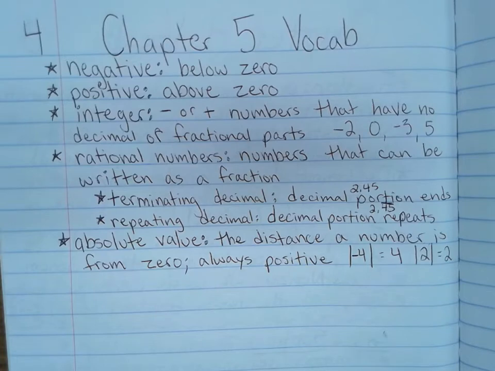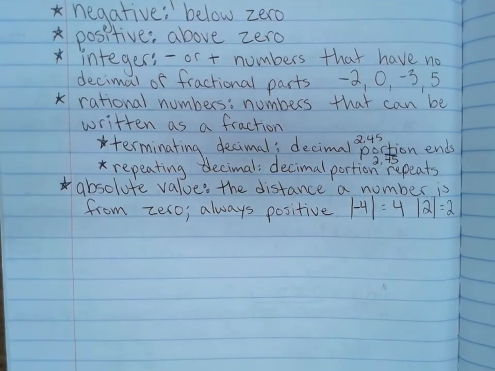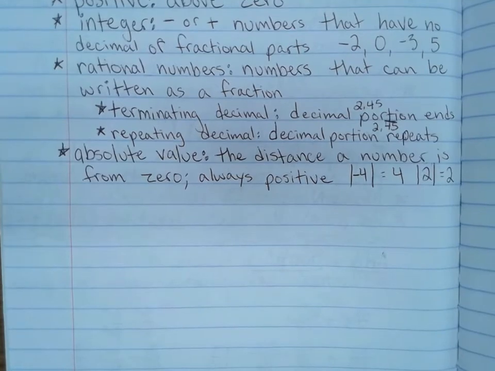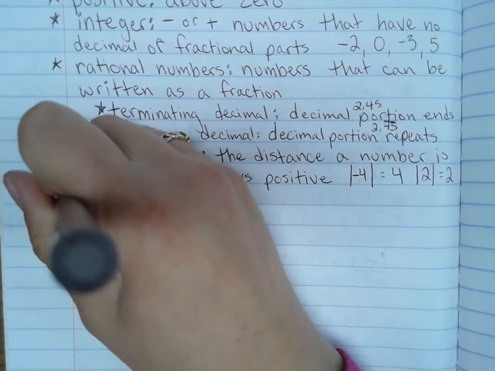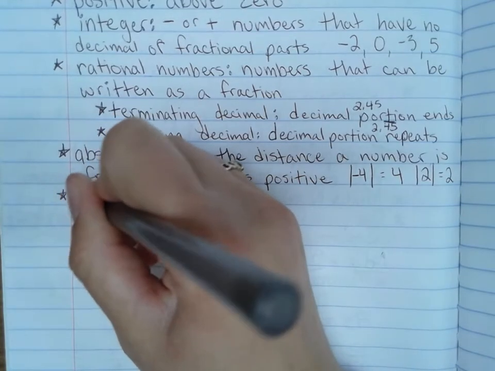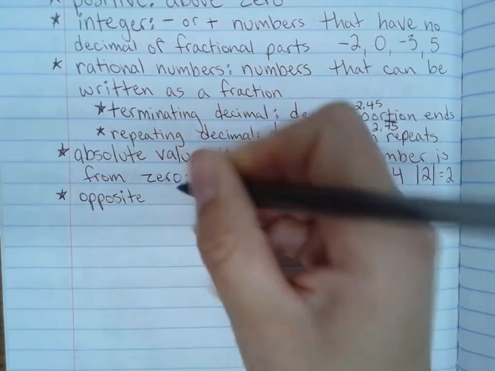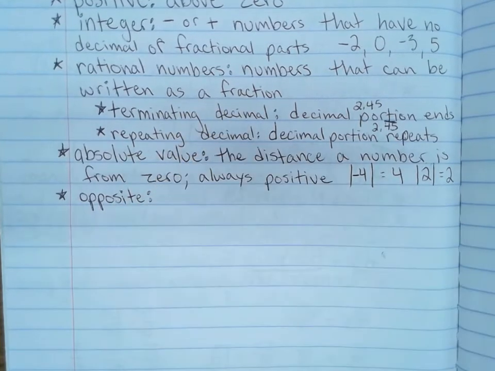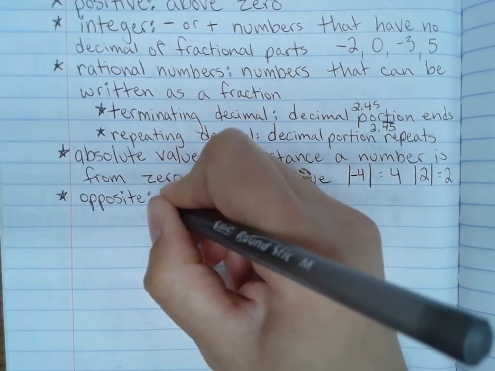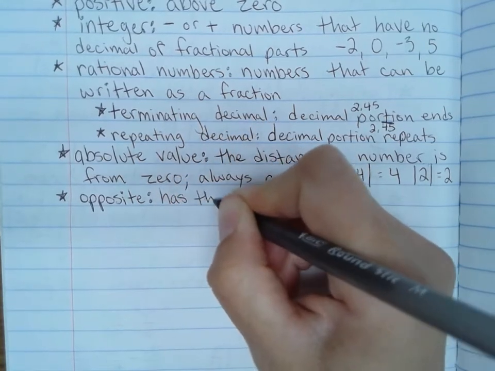Okay, these next ones have to do with graphing. Oh, one more before we get to the graphing stuff. Okay, opposite. Okay, an opposite has the same absolute value, or in other words, it's the same distance from 0.